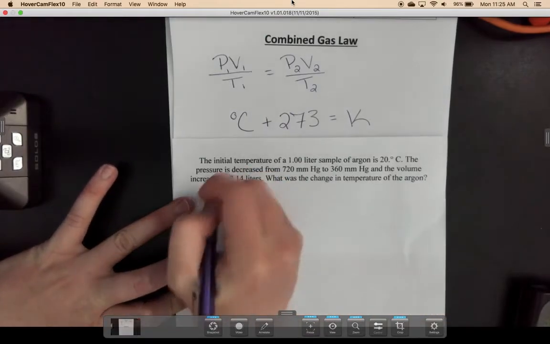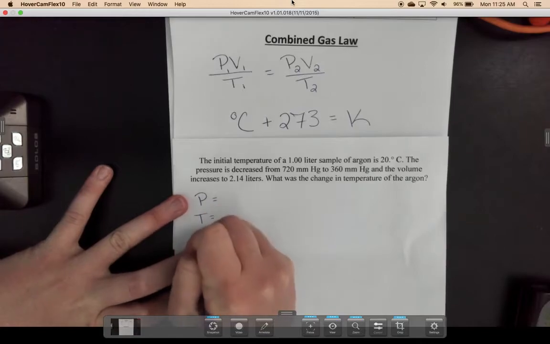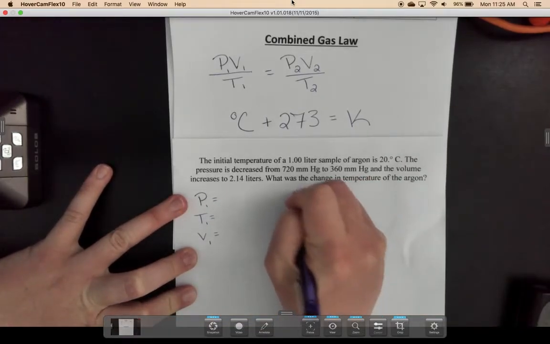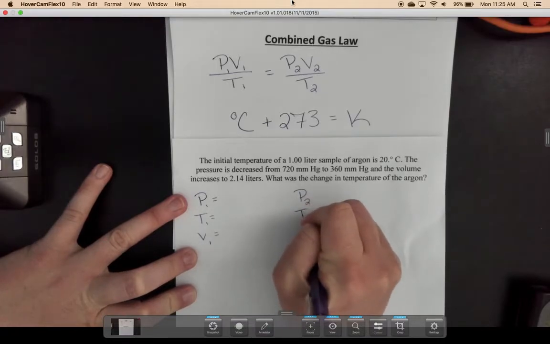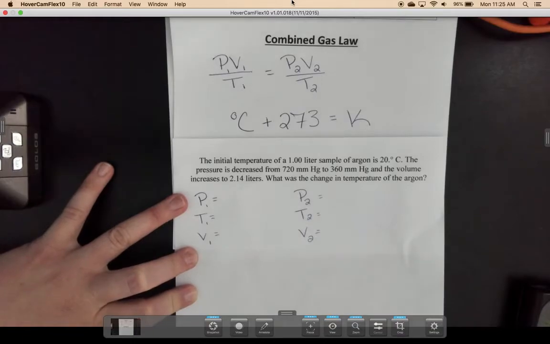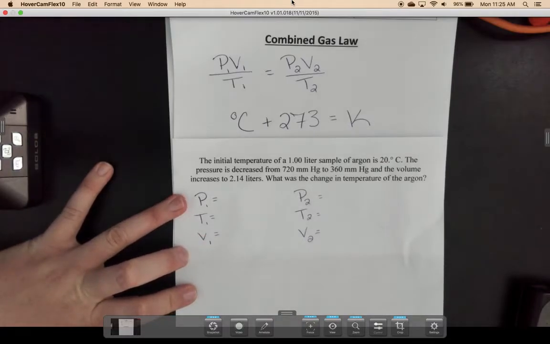So I have my pressure, temperature, volume, so 1, 1, 1, and my pressure, temperature, volume. This is going to be our easiest way to break these questions down, because even if it tells you volume's being held constant, then we just don't use it.